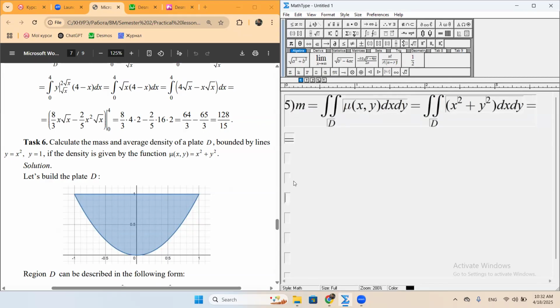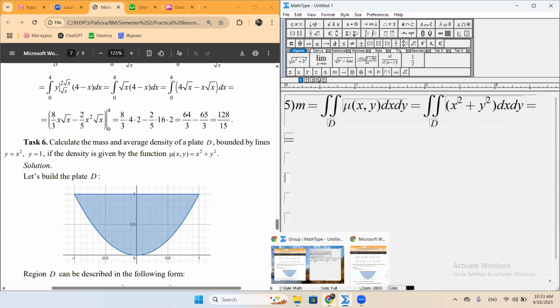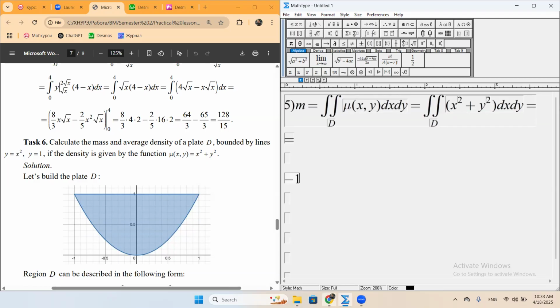And let's also write down the limits of integration. So as we can see from this graph, x changes from -1 to 1, and y changes from x squared to 1.